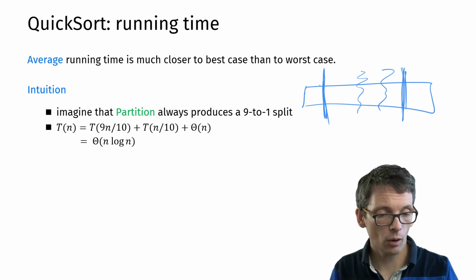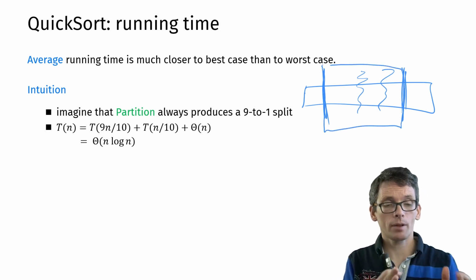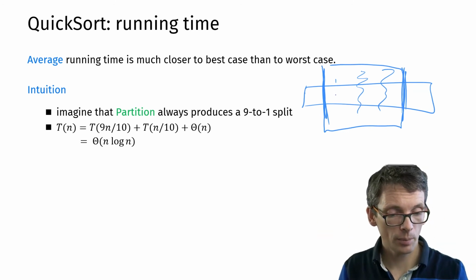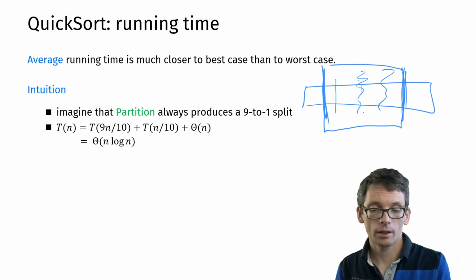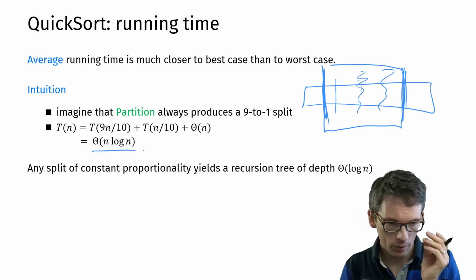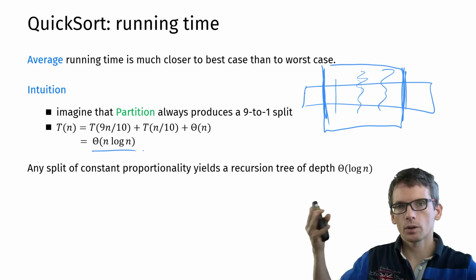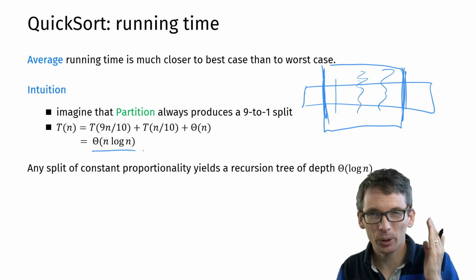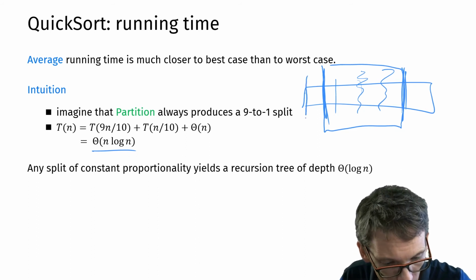So as long as I do my partition with something that splits the array into 2 parts, and it splits somewhere in here, I'm perfectly fine, and I would get this n log n. As long as I can split off a constant fraction of the original part, I'm perfectly fine. But of course we could have really, really bad splits. So maybe something here.